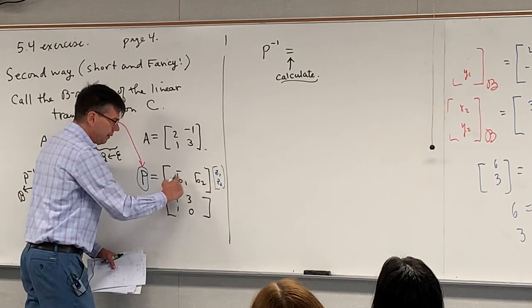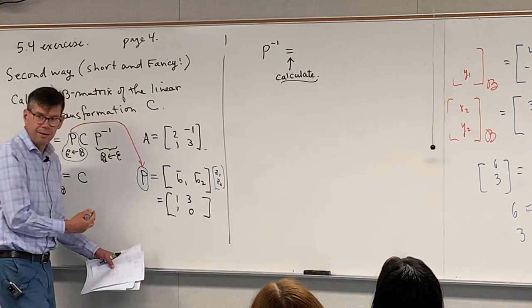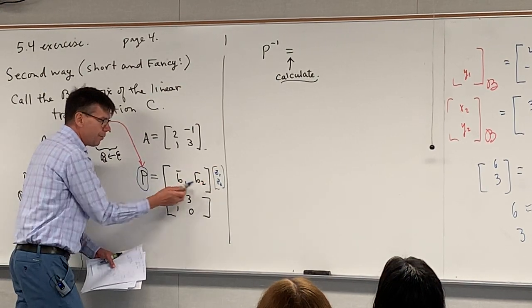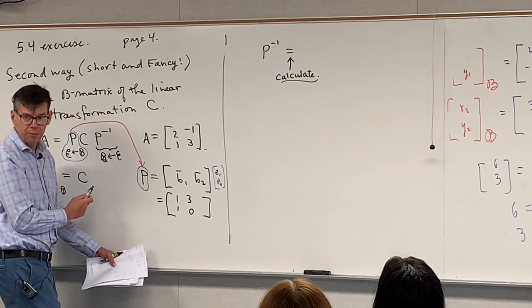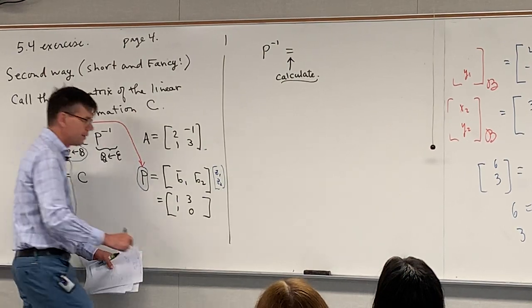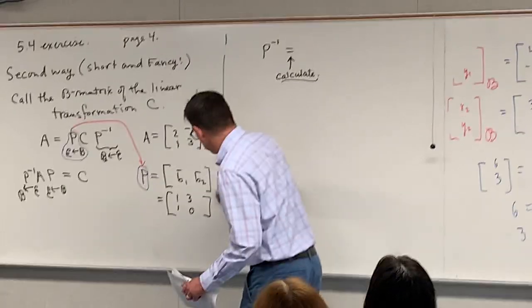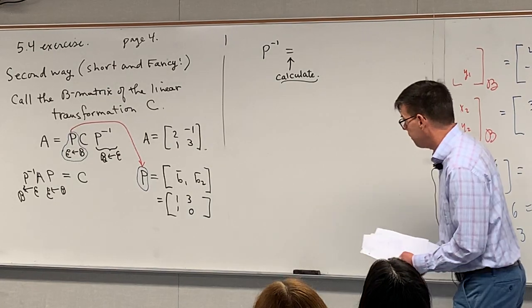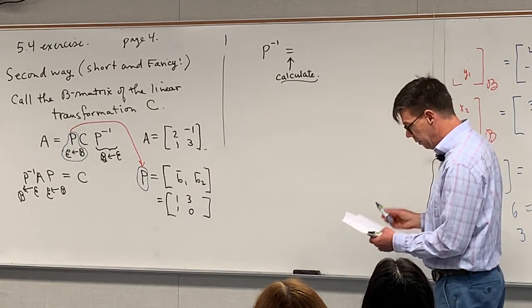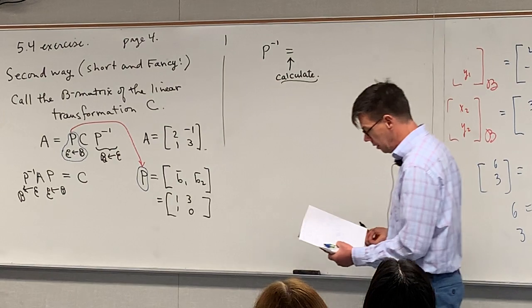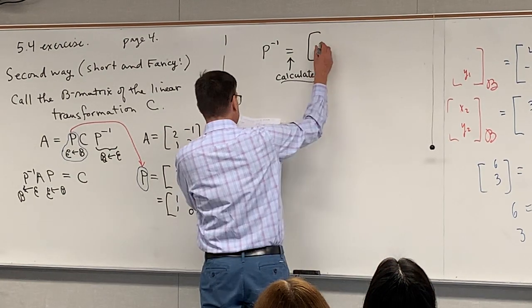So these stand for the B coordinates, right? The weights of the B vectors that we would get. Okay, so calculate P inverse, and I'm just going to write this down.